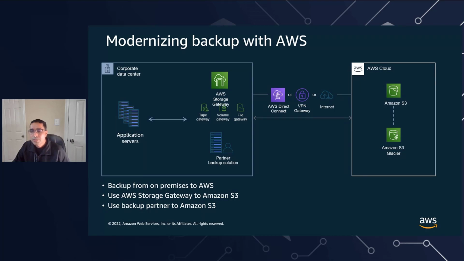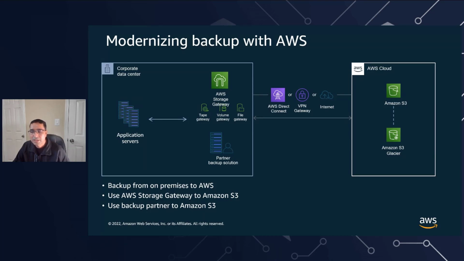Customers could also continue to use existing investments in the on-premises infrastructure. You may be using Veritas, Commvault, Rubrik, Cohesity, any of these partners of AWS for backing up your data.